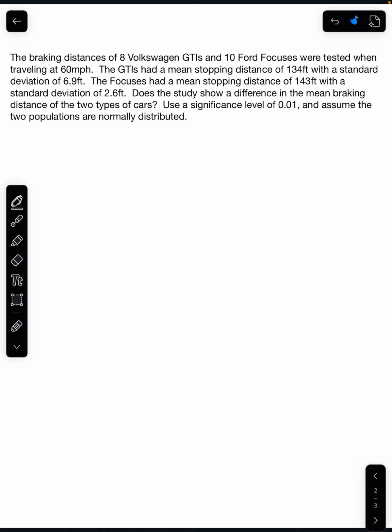So let's first start by summarizing this. For the GTIs, we'll call that our first sample. We have x sub 1 bar, which came out to be 134 feet. We had the standard deviation, which was 6.9 feet.